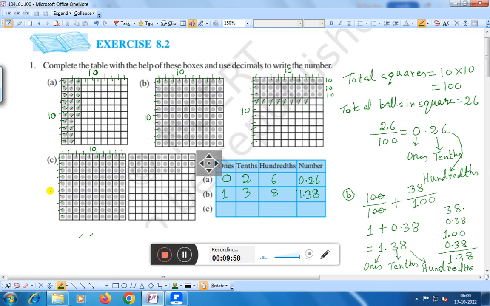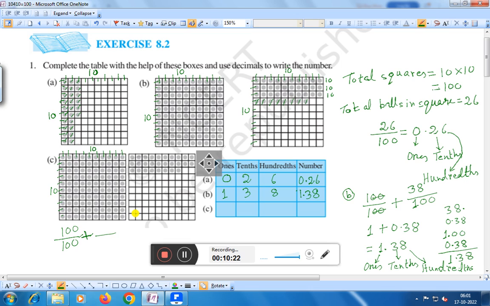Vertical direction there are 10 squares. The total squares is 10 into 10, that is 100, right? And how many balls are there in the squares? That is the same, 10 into 10, that is 100. That is out of 100, it is 100, right? 100 upon 100 plus.